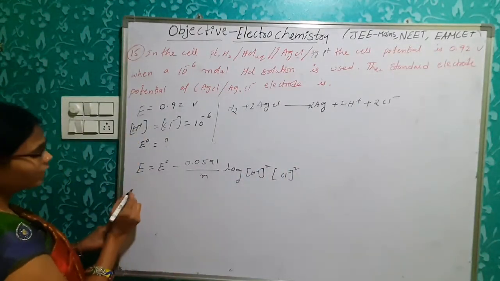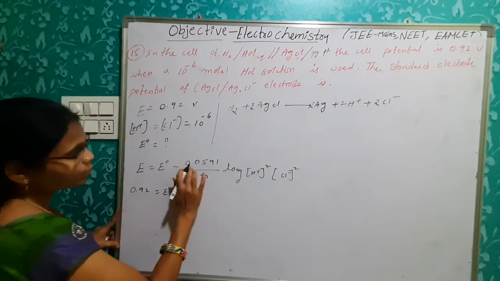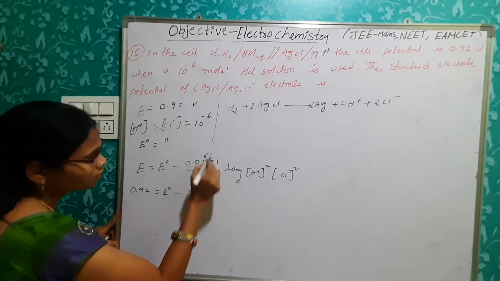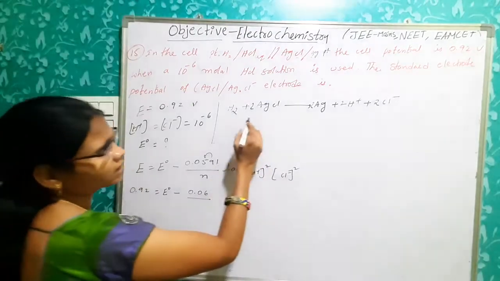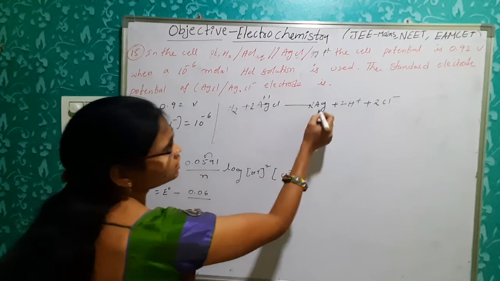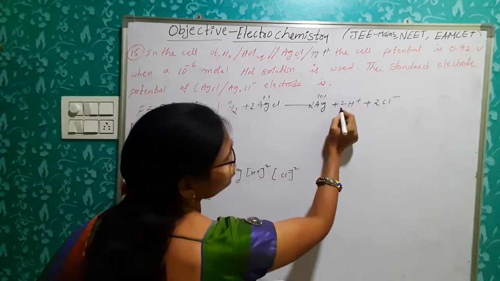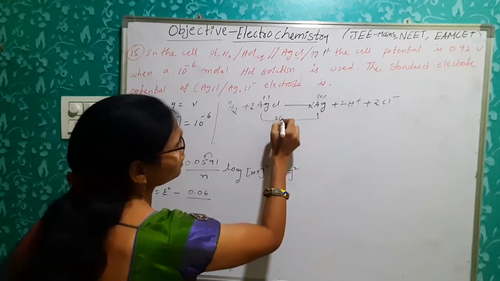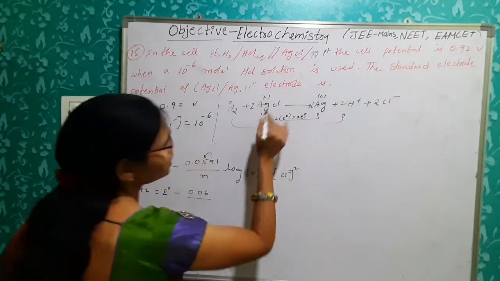So here E is given as 0.92, equals E naught minus 0.0591, simply you can take 0.06 by n. How many electrons are transferred here? Here it is 2 into 1 electron, so 2 electrons, and here to here also 2 electrons.